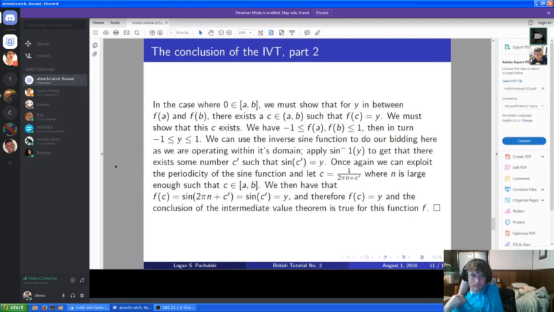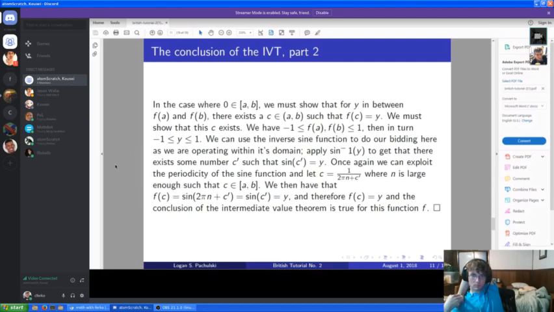In the case where 0 is an element of the closed interval AB, we must show that for y between f of a and f of b, there exists a c in the open interval AB such that f of c equals y. We must show that this c exists. This is the important bit. We already have that.